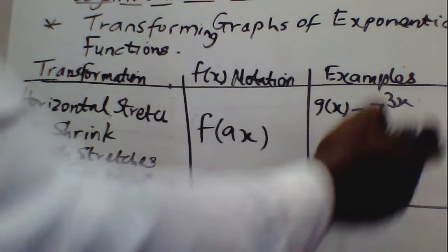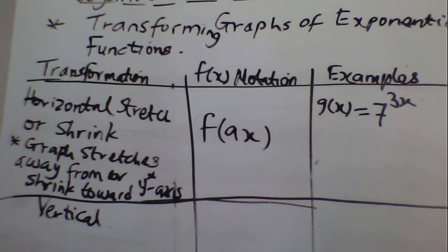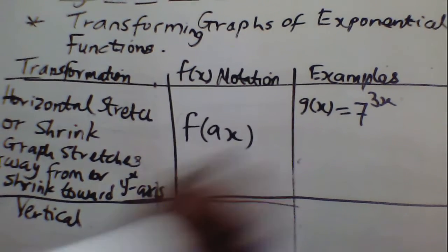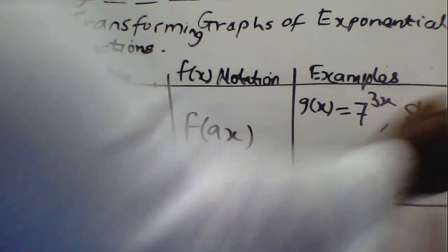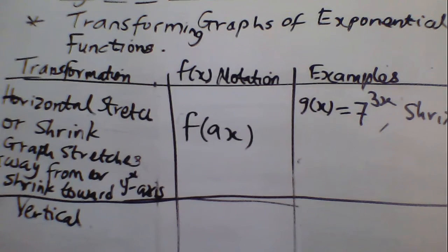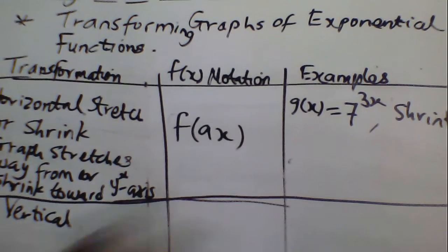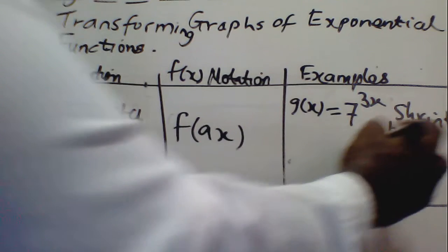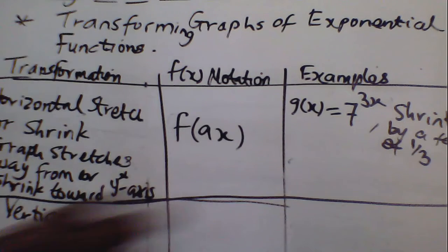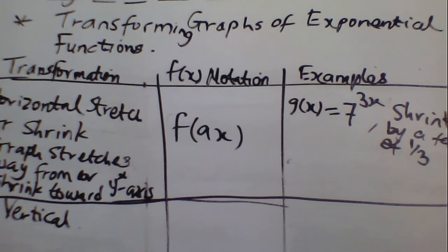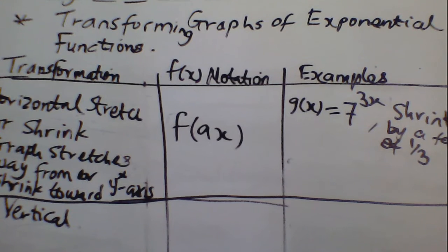When it is this form, the graph will shrink by a factor of 1 over 3.